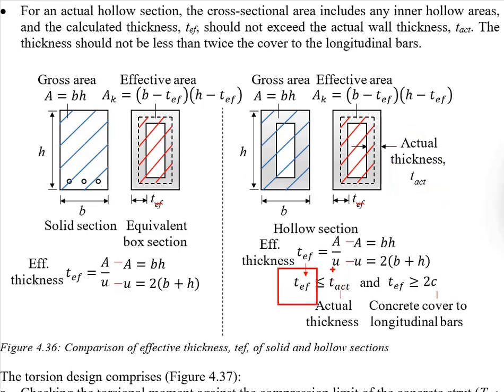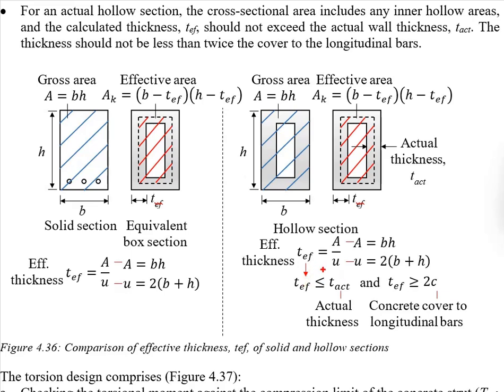If the effective thickness is less than the actual thickness, that means there will be parts of the hollow section not contributing to the torsional resistance. Therefore, the non-contributing part shall be trimmed, leading to an equivalent box section for you to calculate the effective area so that you can get the torsional resistance.